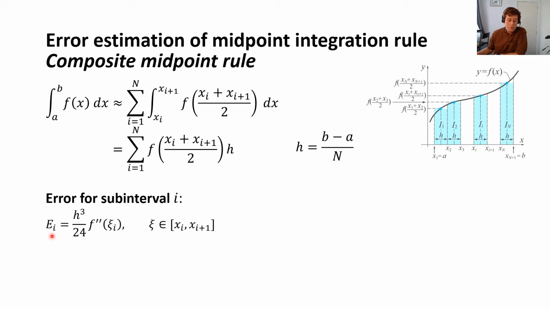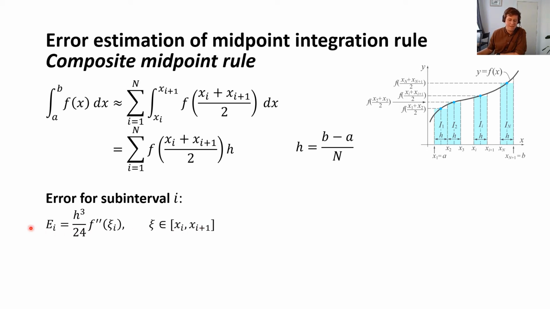And also here we would find that the error for such a subinterval is equal to the width of that subinterval, which is h in this case, cubed, with this factor 24, and then the second derivative, which is evaluated at some xi_i between x_i and x_i plus 1.